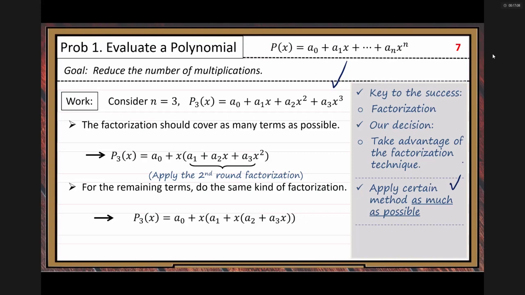Let's count. 1 multiplication here, second multiplication here, third multiplication, right? So the total is 3 multiplications.